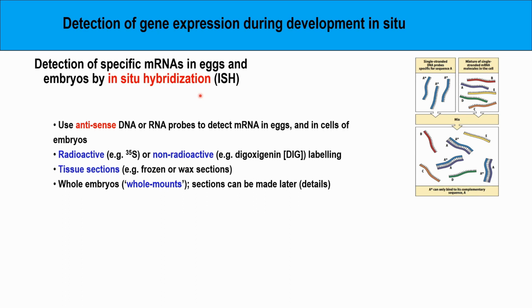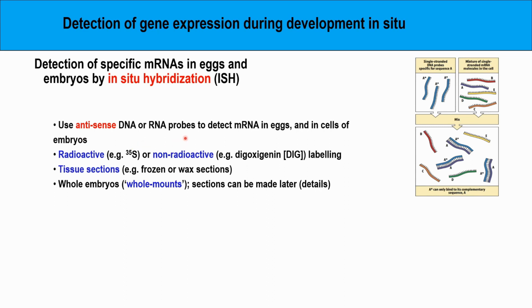In order to do in situ hybridization, you need to make an antisense probe using DNA or RNA that recognizes the sequence of the mRNA and binds to it. This antisense probe has a label on it that we can then detect or visualize. In the old days, it was radioactive probes using 35S labeling.